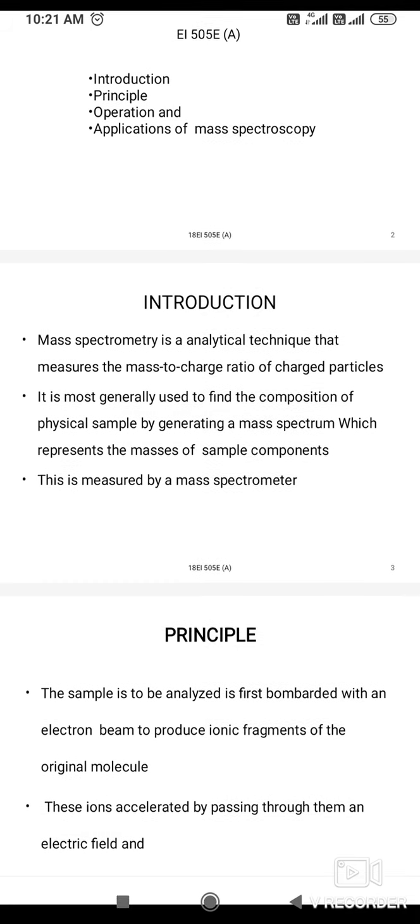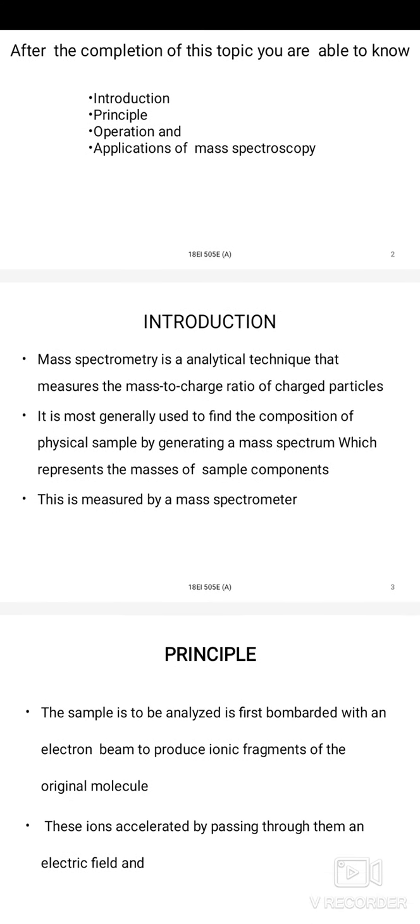Mass spectrophotometry is an analytical technique that measures the mass to charge ratio of charged particles. It is most generally used to find the composition of a physical sample by generating a mass spectrum, which represents the mass of sample components. This is measured by a mass spectrophotometer.